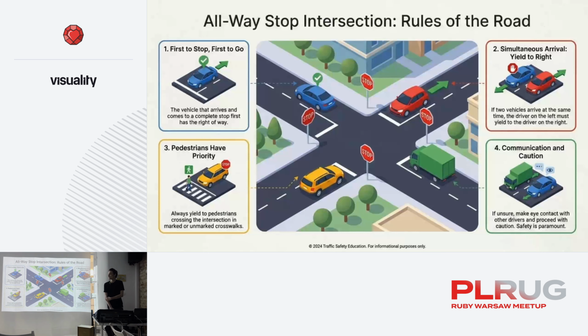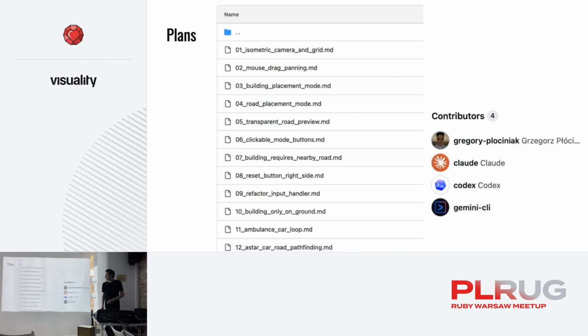And the logic that no European brain can comprehend is the all-way stop intersection. Because when I see all these stop signs all the way, then I think the traffic should come to a halt. But my coding agents had no troubles implementing that, and this was really a group project, because I used basically every tool available in order to create this, and a lot of plans.